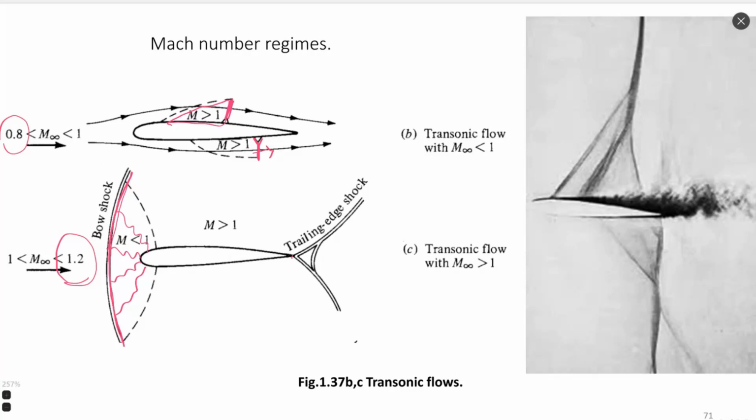This trailing edge shock is a shock wave which is connected to the trailing edge of the aerodynamic body, and is a sort of transition when the flow leaves the body to equilibrate the pressure distribution.